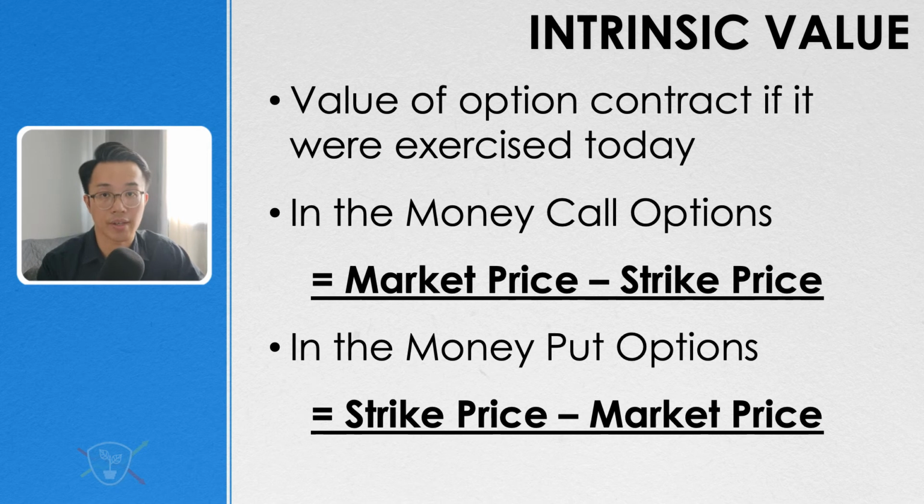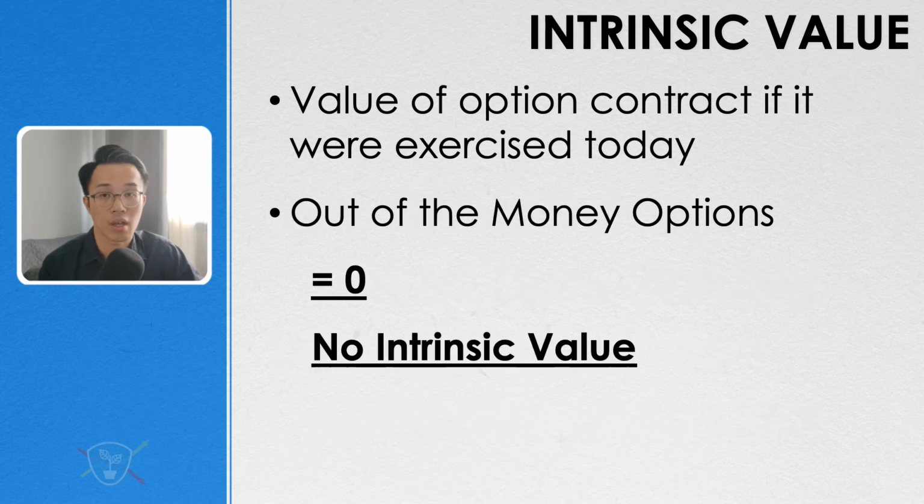For in-the-money call options, the intrinsic value is equal to the market price of the shares minus the strike price. For in-the-money put options, the intrinsic value is equal to the strike price of the option minus the current market price of the shares. Out of the money options do not have any intrinsic value.